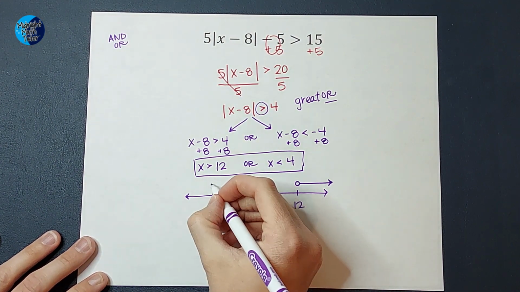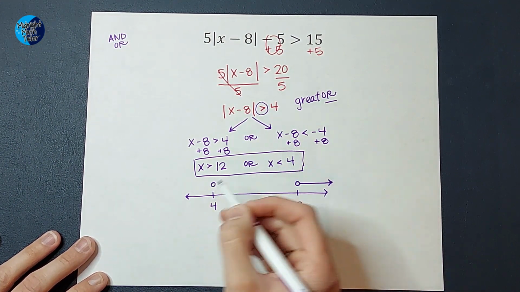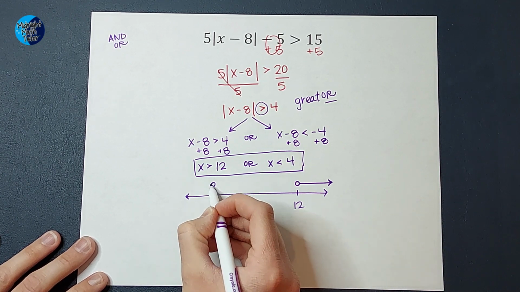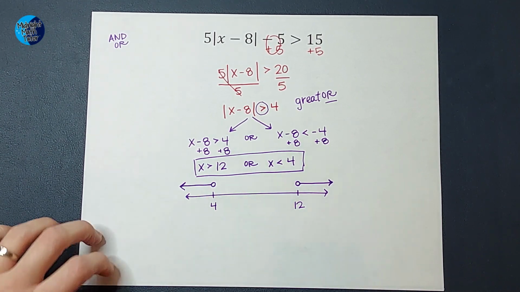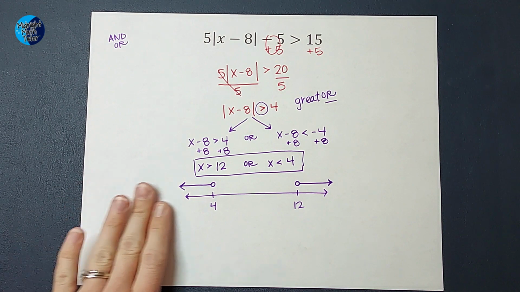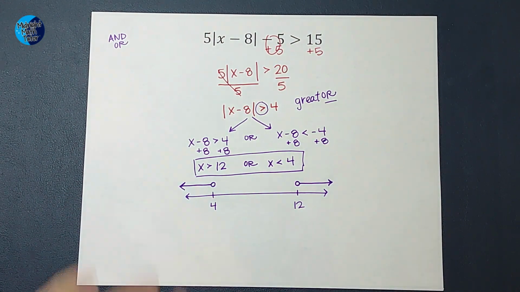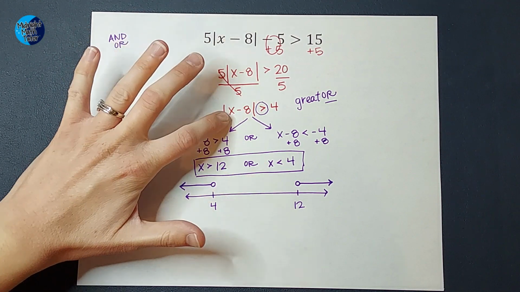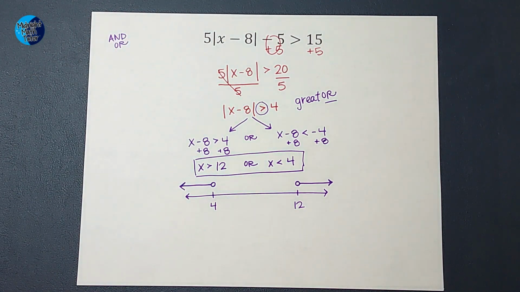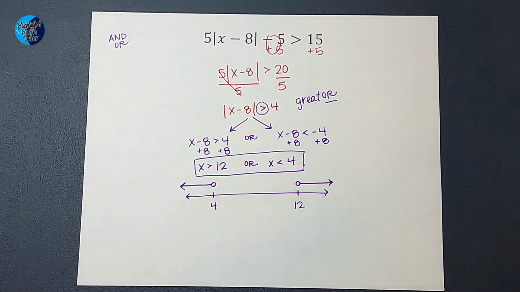Or x can be less than 4. So I have an open circle at 4, and less than would be that way, okay? So any number over here up until 4, any number over here till 12, I can pick, and I can plug it in here or here, and I will get an inequality statement that is true, okay?